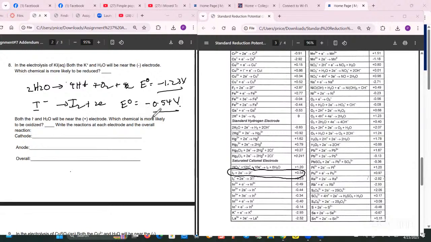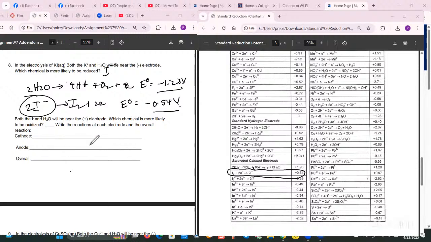Minus 0.54. So therefore, the I minus would be the one that would be more preferentially oxidized at the anode. Yes, sir. Would you put a 2 in front of the I minus for a coefficient? Oh, yeah, sorry, my bad, yeah.